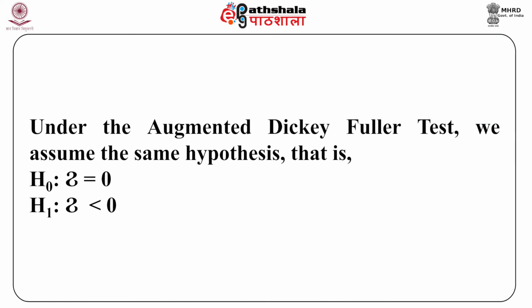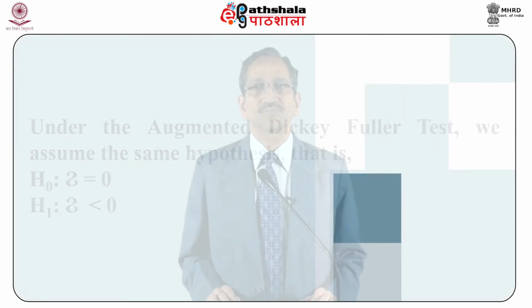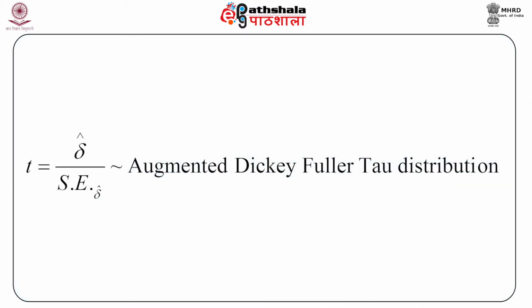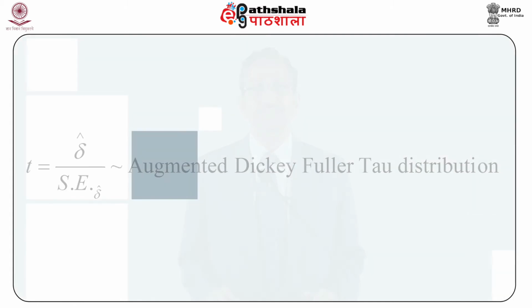Under the augmented Dickey-Fuller test, also known as the augmented DF test, we assume the same hypothesis as mentioned earlier, which is that H naught is that delta is equal to 0 and H1 is that delta is less than 0. We again use the following formula to estimate the calculated value, which is that t is equal to delta hat upon standard error of delta hat, but now it is distributed as the augmented Dickey-Fuller tau distribution.